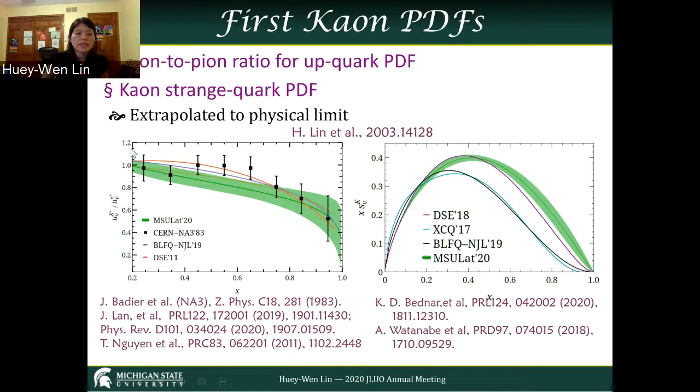So here is one of the common structures that everybody compares with the experiment from a long time ago. It's shown in this black data point, and our ratio is this green band. As many people have discussed in this workshop, and mentioned in Tanya's talk, many different models have very different predictions for the strange quark distribution inside the kaon, but everybody comes up with a very similar ratio.